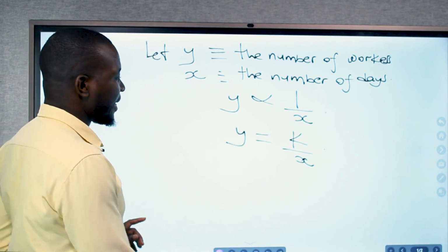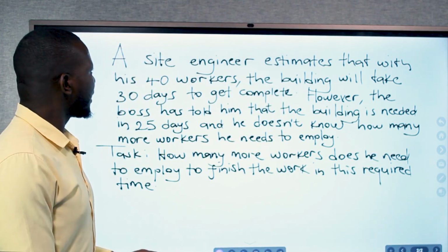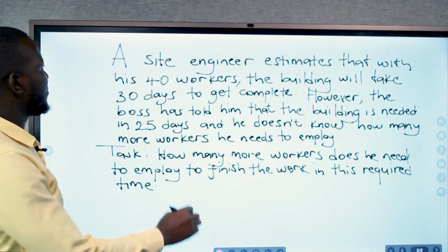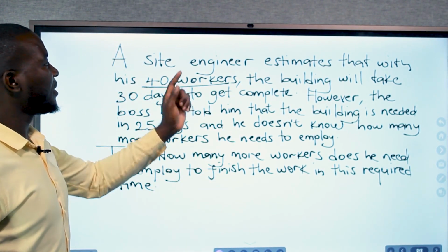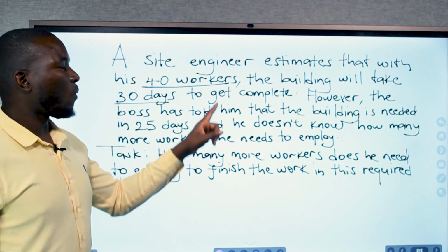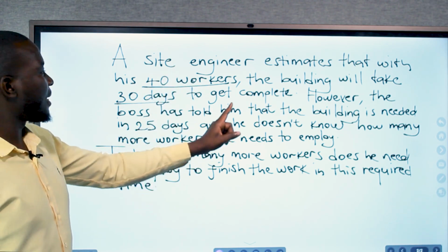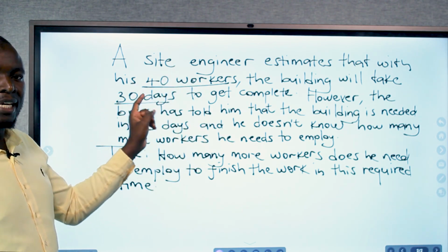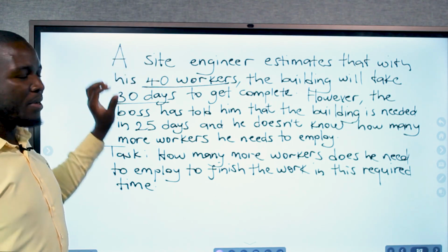But remember, in our scenario, they told us that this site engineer estimates that with 40 workers, the building will take 30 days. The number of workers you've called y, and the number of days you've called x. So it means that when y is 40, x will be 30.